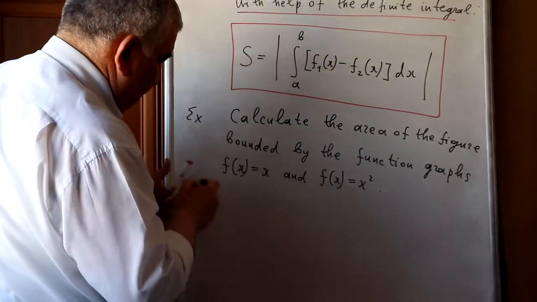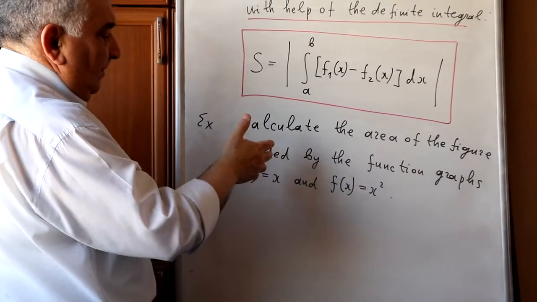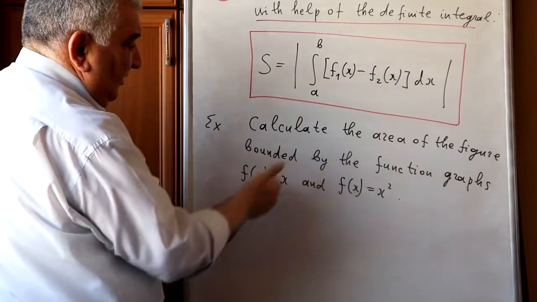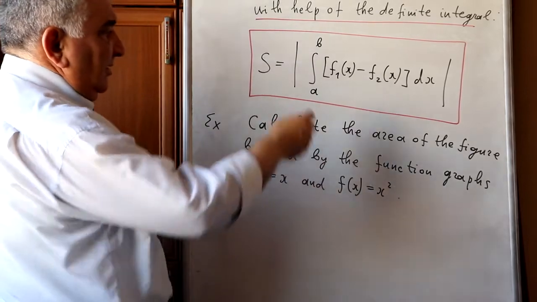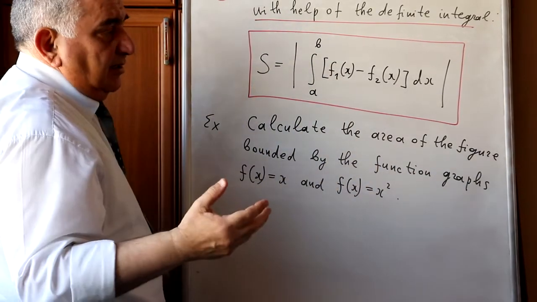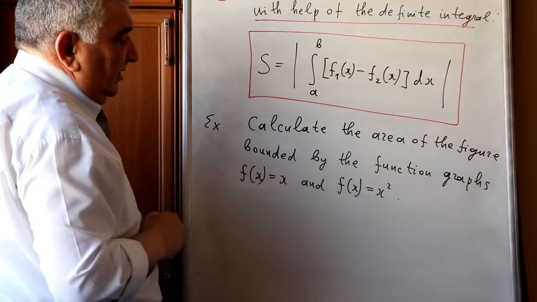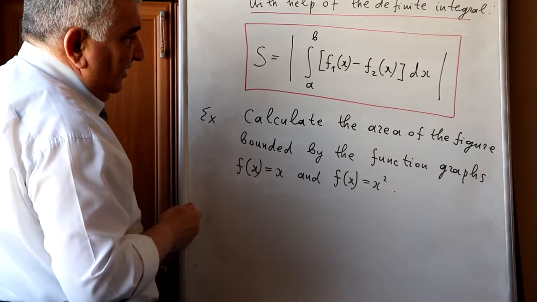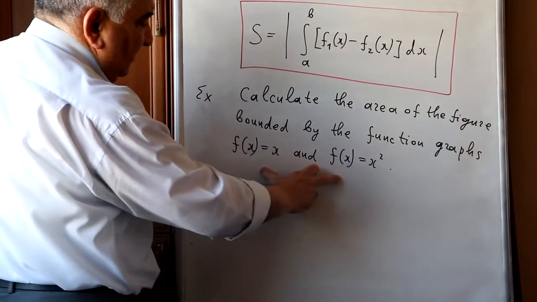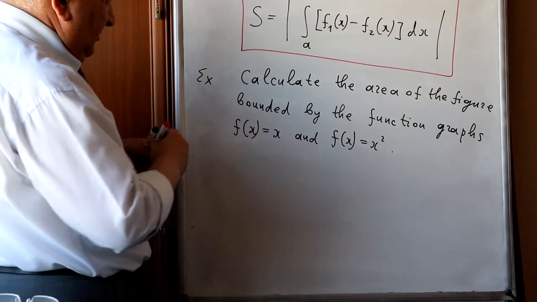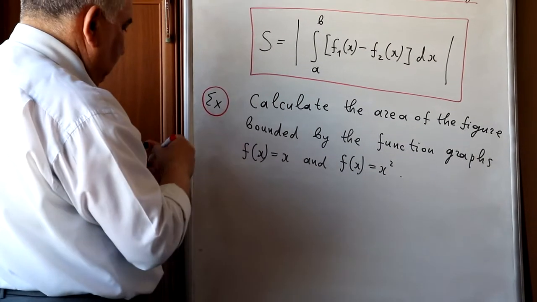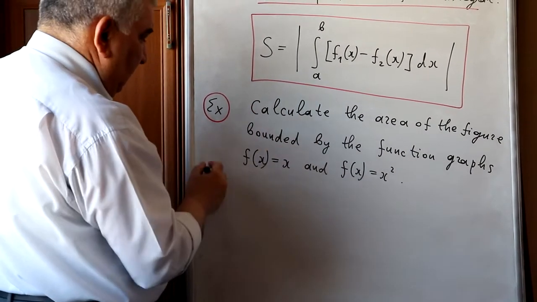Here the functions f1 and f2 are present, but the values a and b are absent. We can find a and b if we equalize these functions. Solution. First, find a and b.